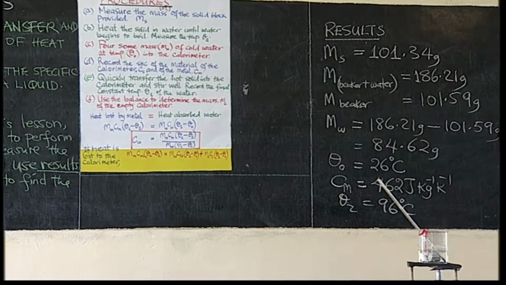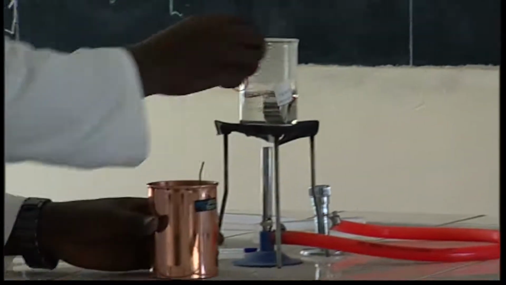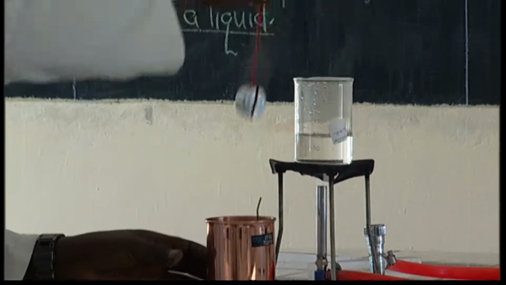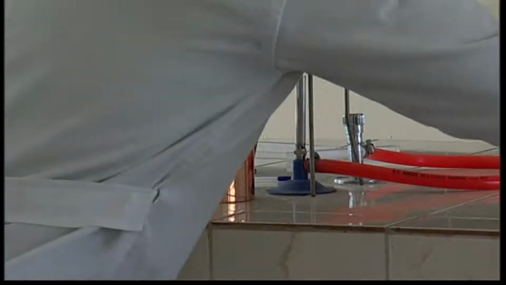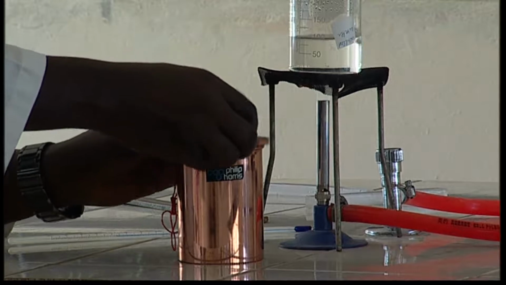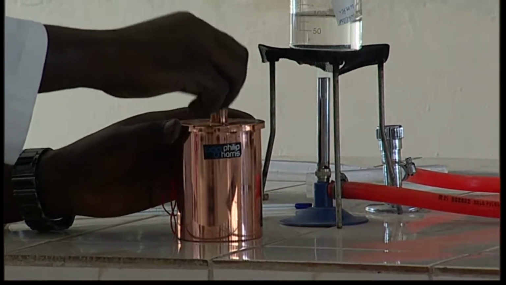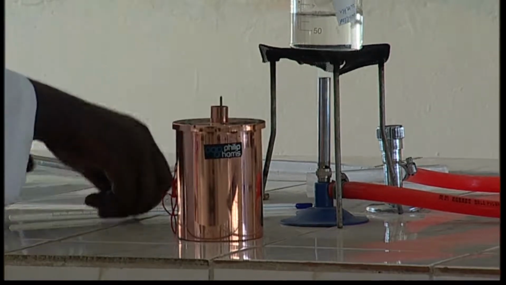I'm trying to do it quickly. I remove my thermometer from here. Very quickly, I have the calorimeter right there. I transfer it there quickly, and I should put the lid back. And what are they telling us to do? To stir. Stirring means I should mix.